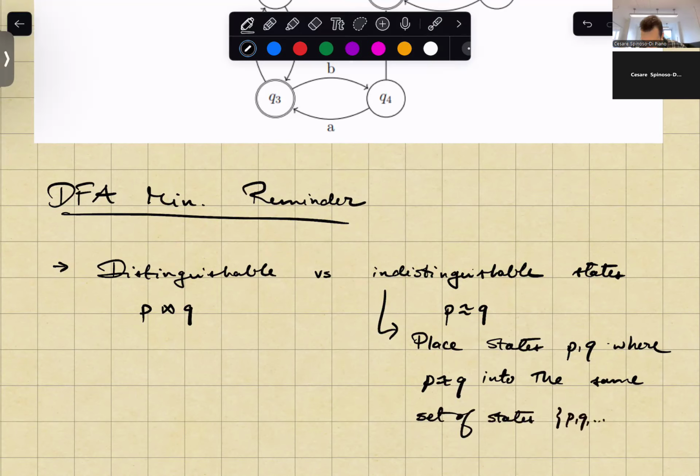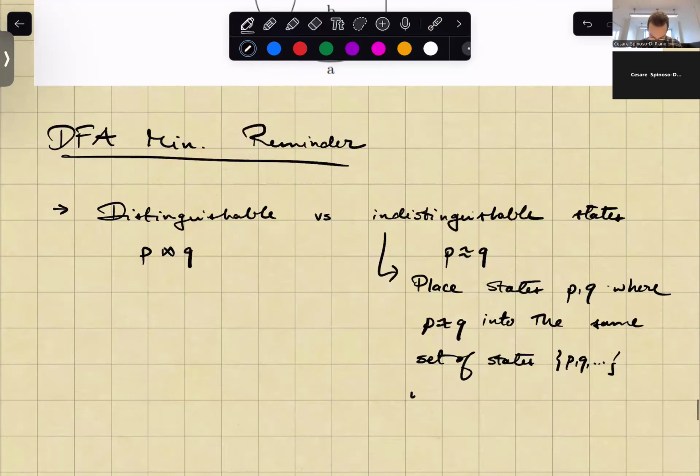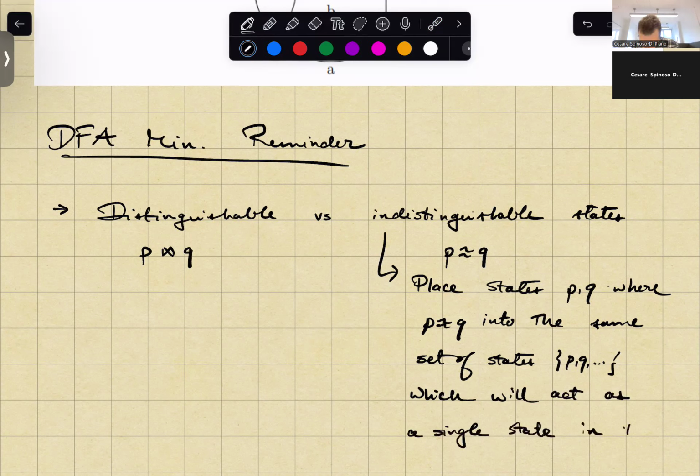Maybe there's other stuff because maybe there are three states which are all pairwise indistinguishable from each other. So the algorithm identifies pairs of indistinguishable states and places them into some set of states which will act as a single state in the minimal DFA.